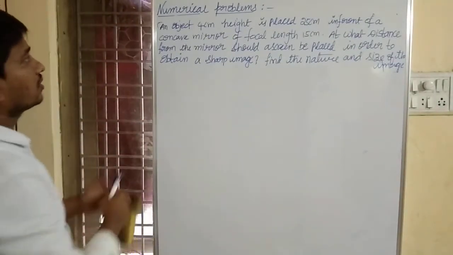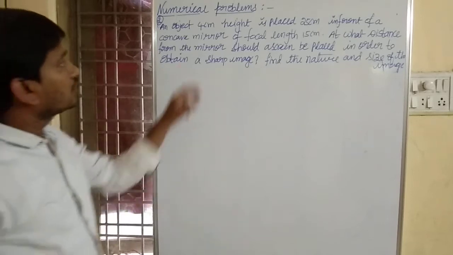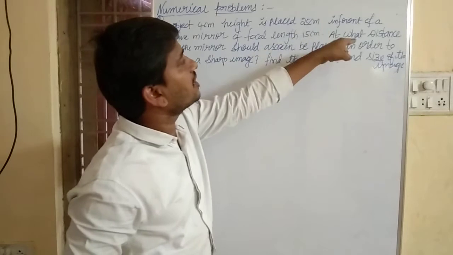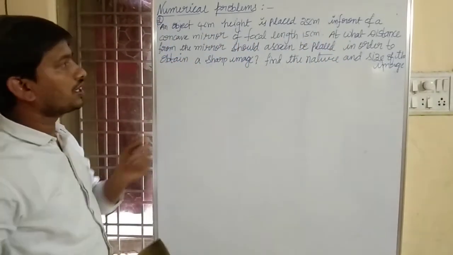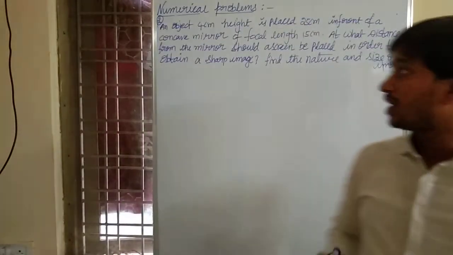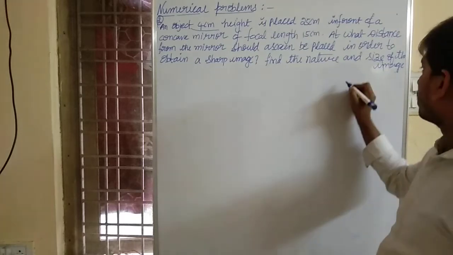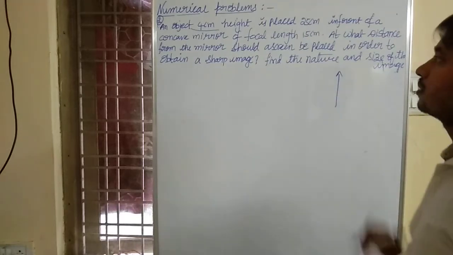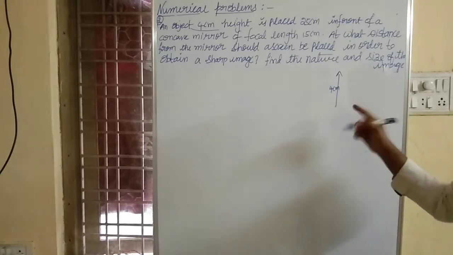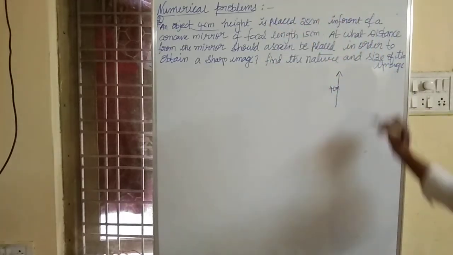An object 4 centimeter high is placed 25 centimeter in front of a concave mirror of focal length 15 centimeter. Try to understand the question. What is the object size? This is our object. An object of 4 centimeter height is placed 25 centimeter in front of a concave mirror.